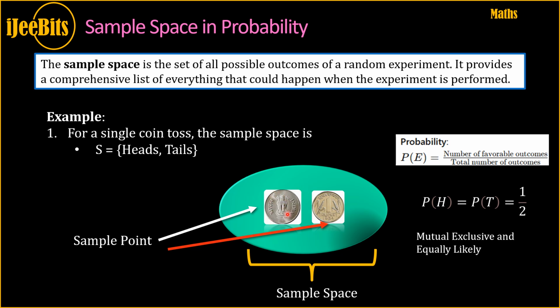The favorable outcome is 1, and the number of outcomes is 2 within the sample space. So 1 by 2 would be your probability of getting head or probability of getting tail. Since you are getting the equal value of probability for getting head and tail, that's why we can call it equally likely.